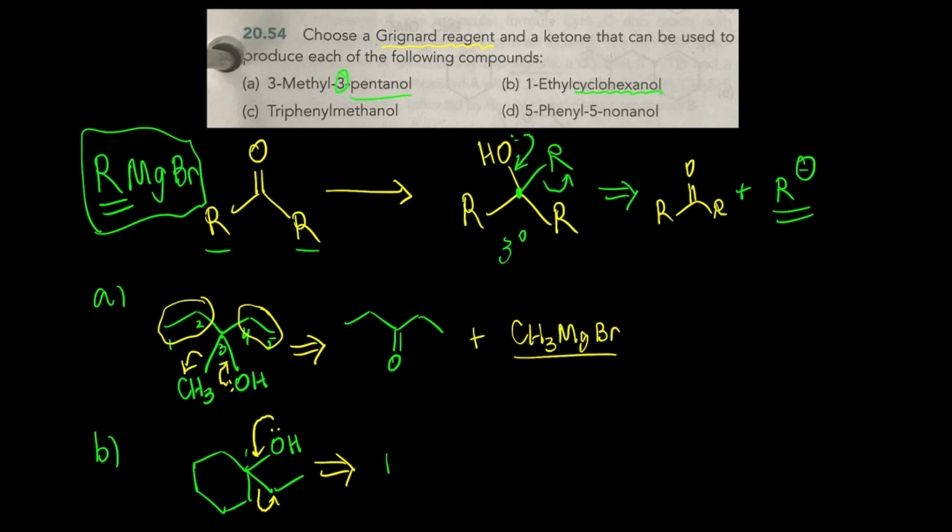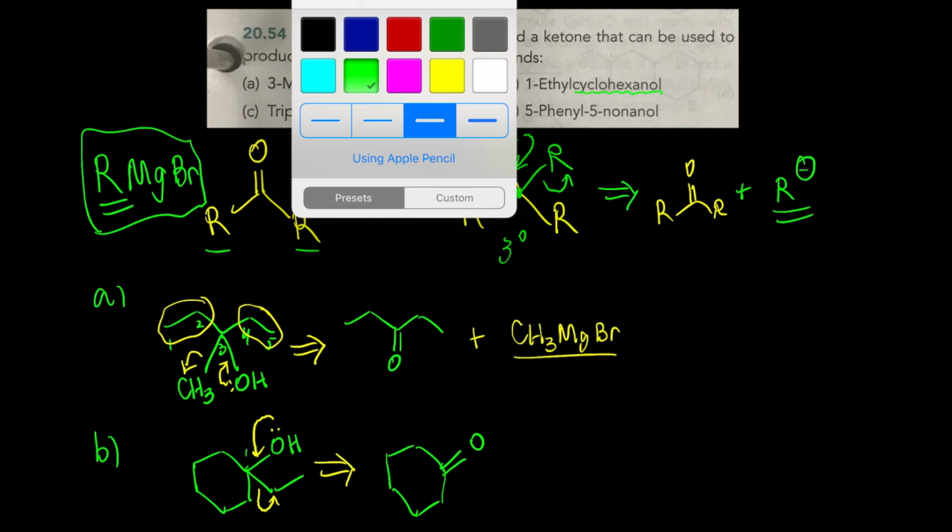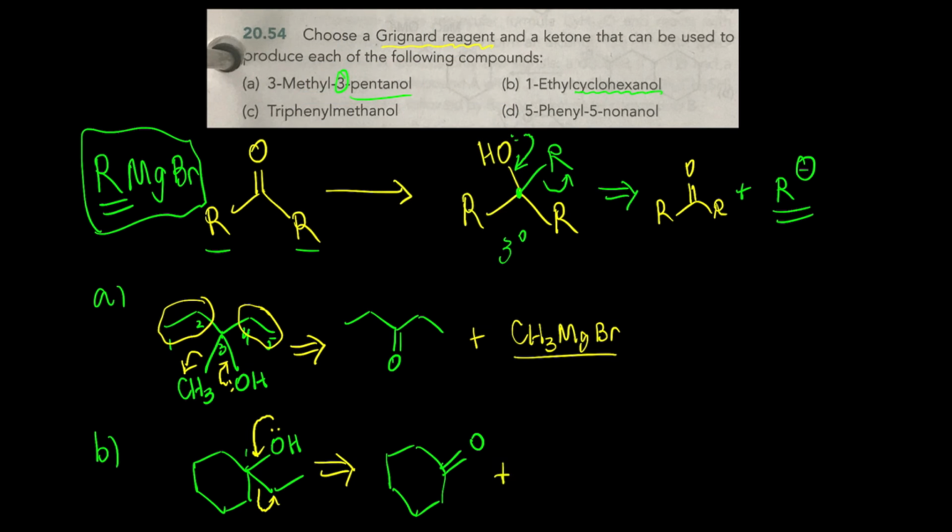It's not completely correct and complete, but this is going to give you cyclohexanone, and the Grignard that we're going to form is ethyl magnesium bromide. So you could sketch that out if you like. Okay, and it has two carbons, so that's correct.